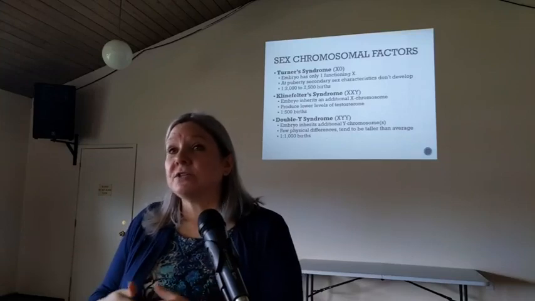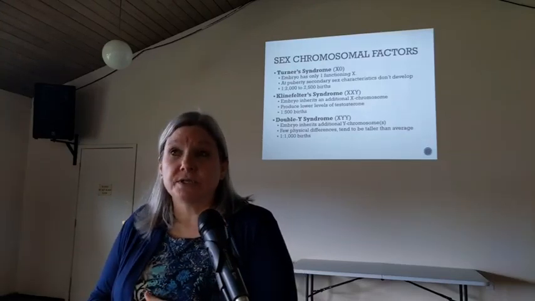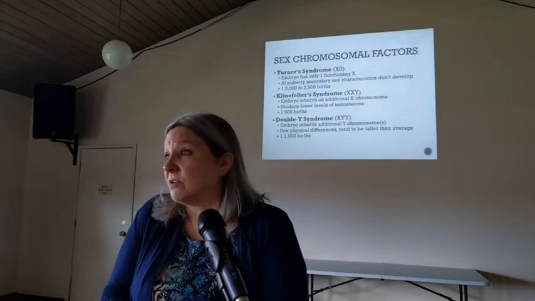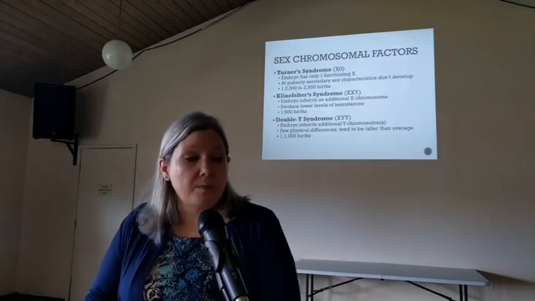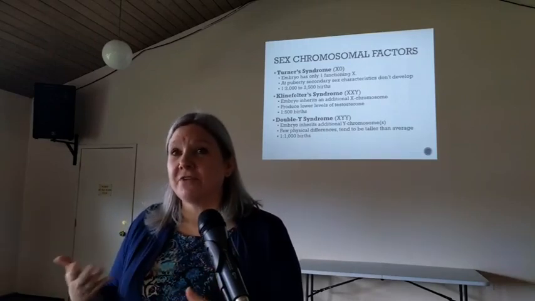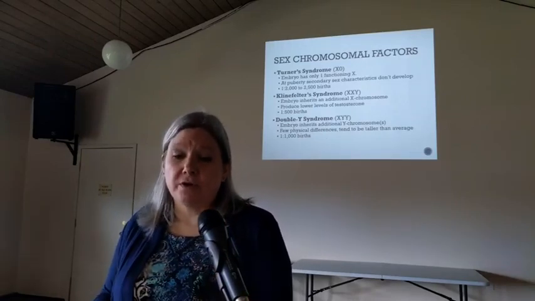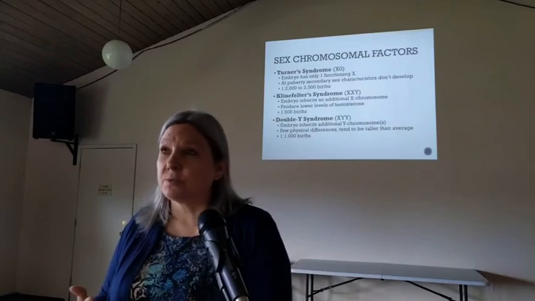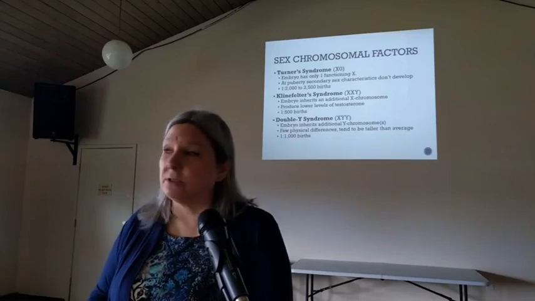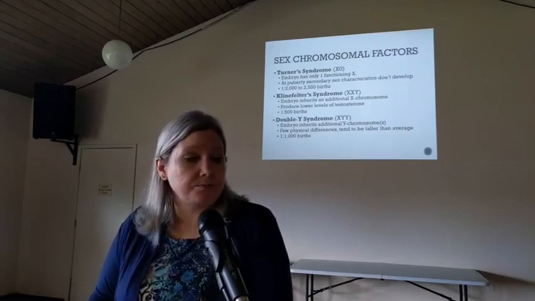At puberty, they don't develop secondary sex characteristics, and when some are diagnosed, it's not until puberty as a result. So they can get hormone replacement and develop. They're infertile for the most part, so they can't have their own children, but they can adopt and do all sorts of things.